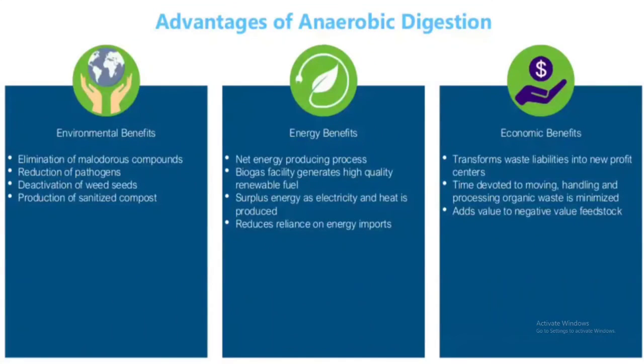Some of the environmental benefits of anaerobic digestion are elimination of malodorous compounds, reduction of pathogens, deactivation of weed seeds. Some of the energy benefits are a net energy producing process, biogas facility generates high quality renewable fuel, surplus energy as electricity and heat is produced.